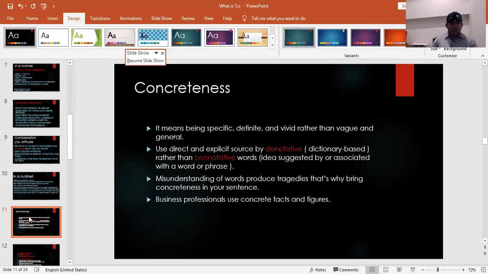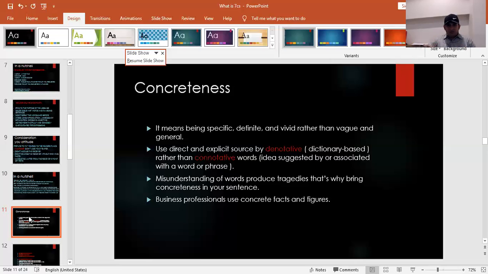Use direct, explicit sounds, be denotative rather than connotative. What is the word denotative and what is the word connotative? You know very well the word denotative has been derived from the dictionary, meaning dictionary-based meaning. When we read or convey a message, we try to give strong words.